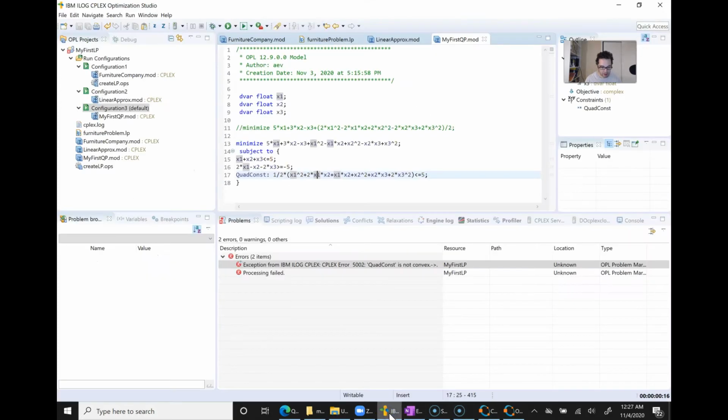Okay, so I'm going to check this again. So x1, 2x1, x2. This should be x3 for starters. x2 squared, x2, x3, 2x3. Okay, so now let's give this a shot.